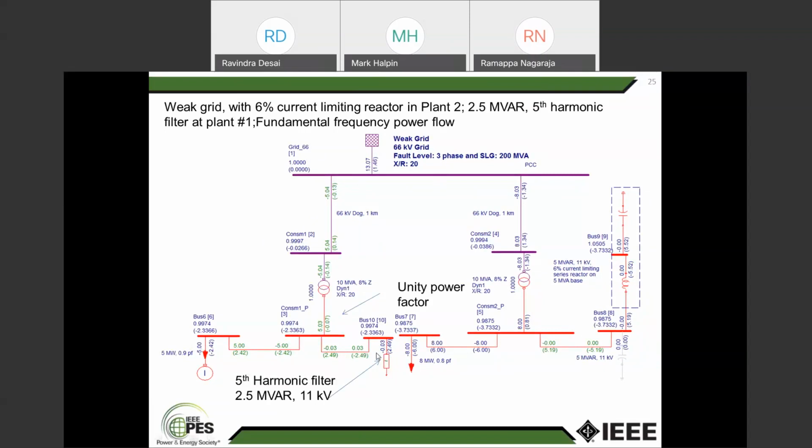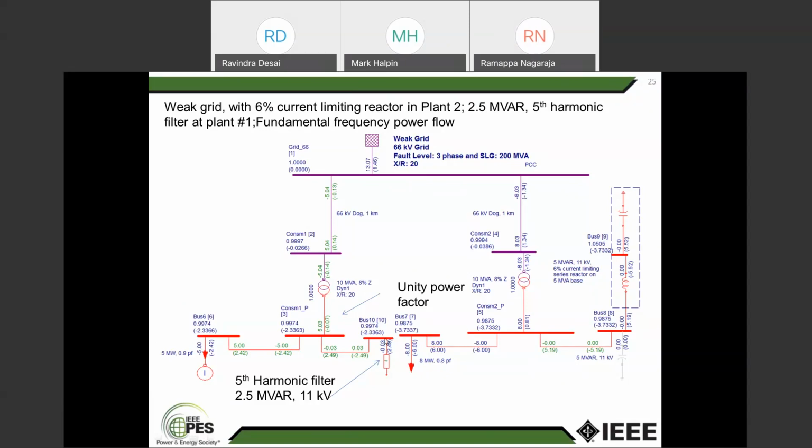Now, because his load is 5 megawatt at 0.9 power factor, that is about 2.5 MVAR. When we design the filter at fundamental frequency, it can give a capacitive current also. That is, it can inject reactive power into the grid here.